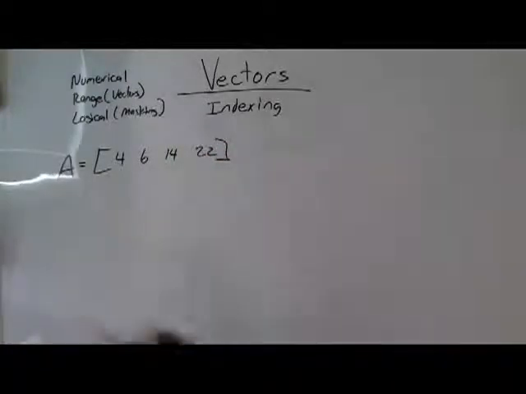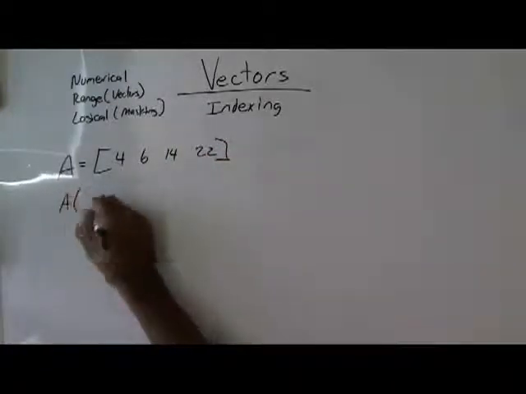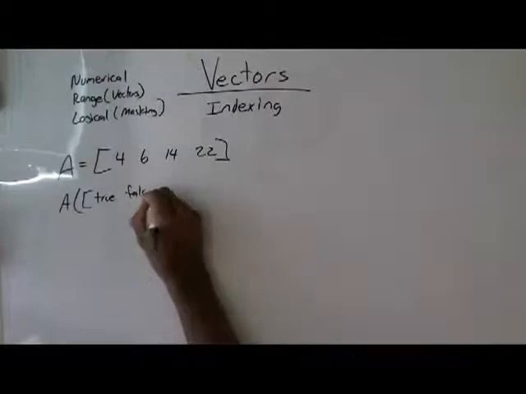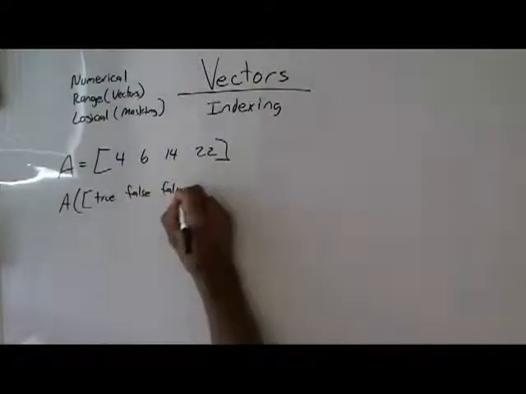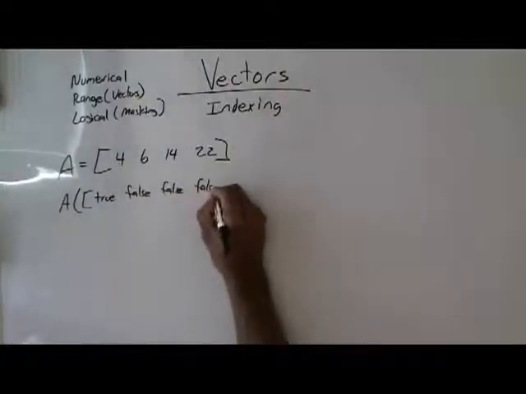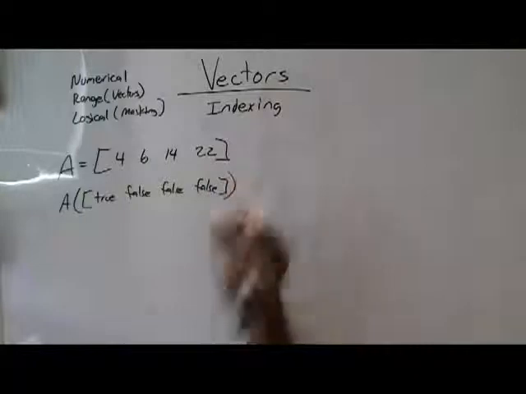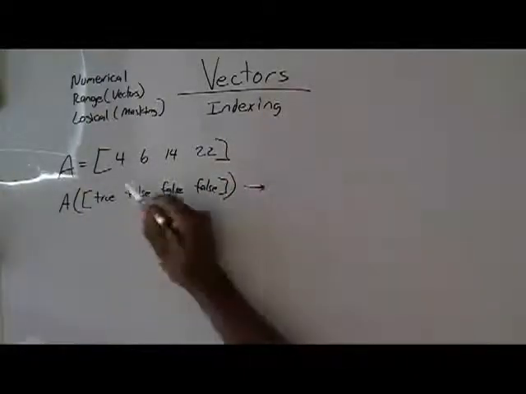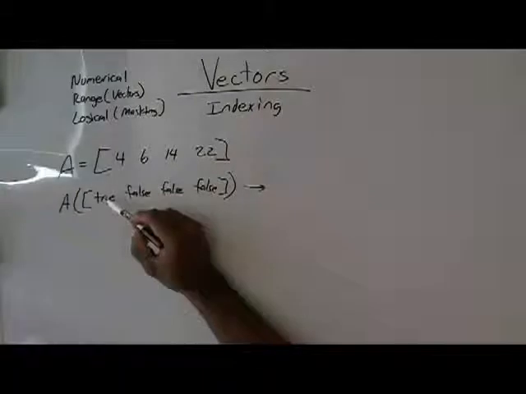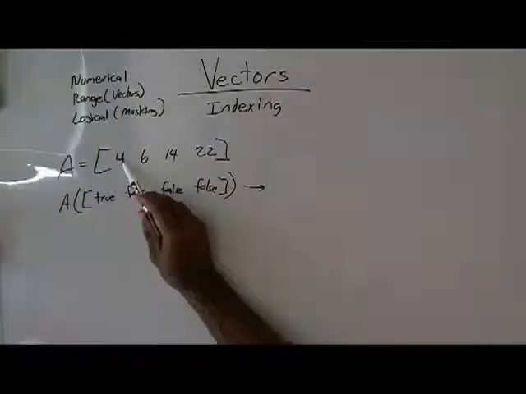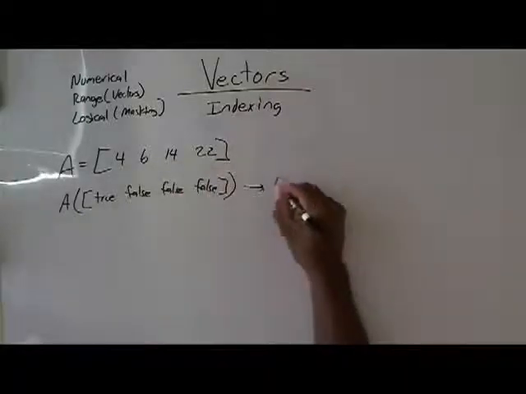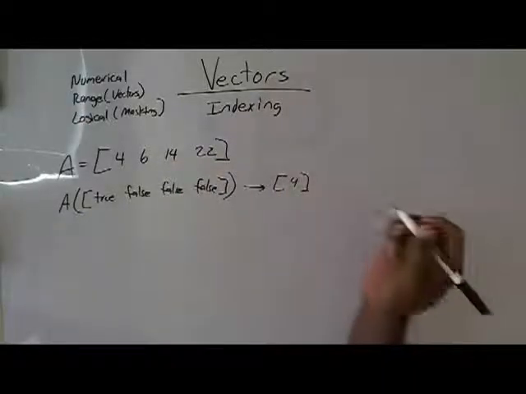And I come in here and I say, okay, give me vector A indexed at true, false, false, false. What will that do? Well, where there is a true, it's going to keep those values, and where there's a false, it's not going to keep them. So that's just simply going to give me back the vector 4.